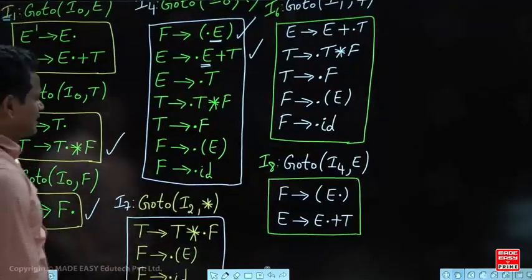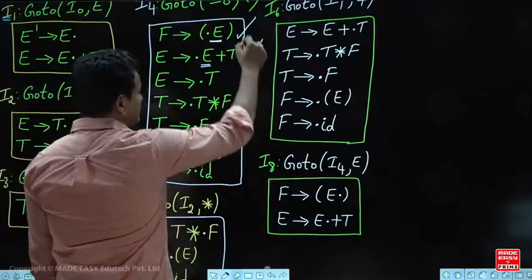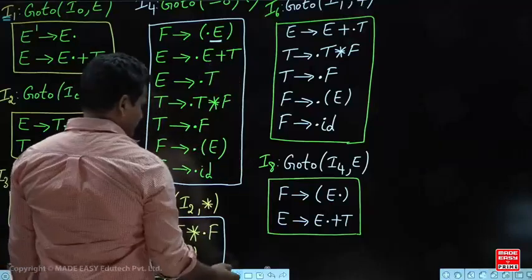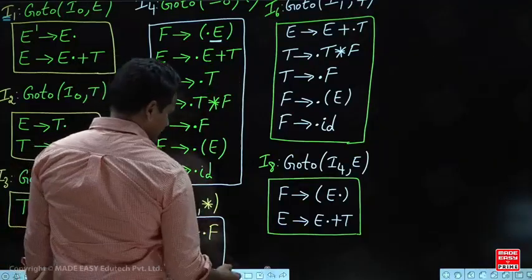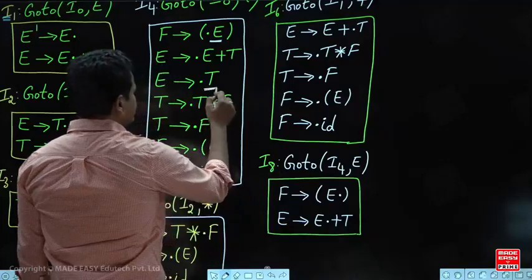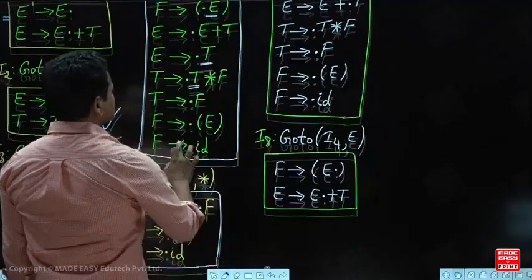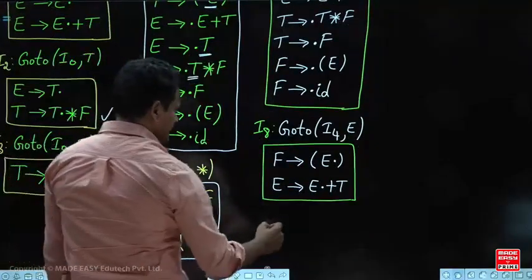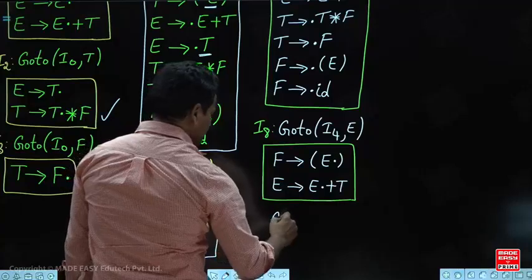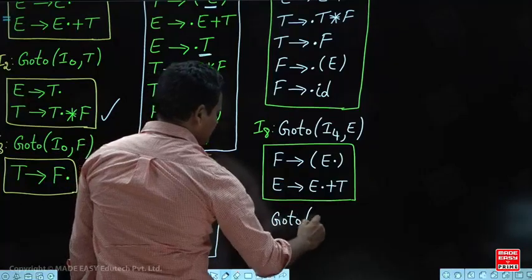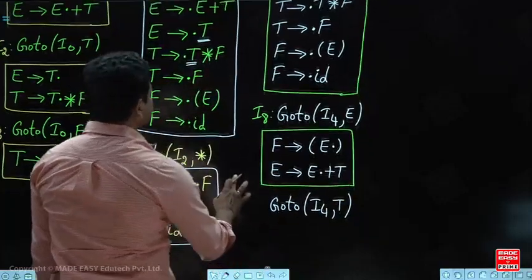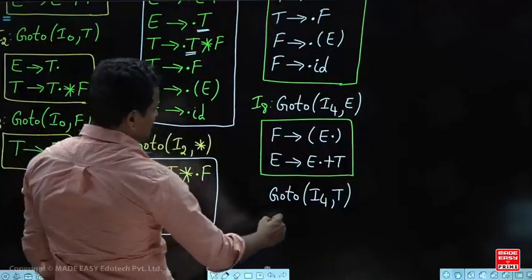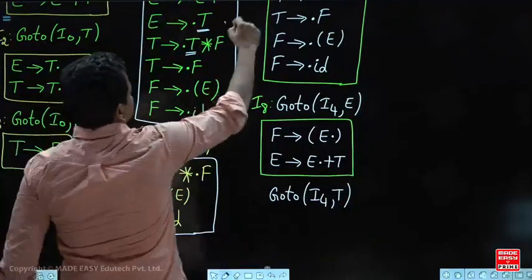Now everyone look at this. We have T here and also T here, so both are the same symbols. I am writing go to of I4 comma T, for this one and for this one.